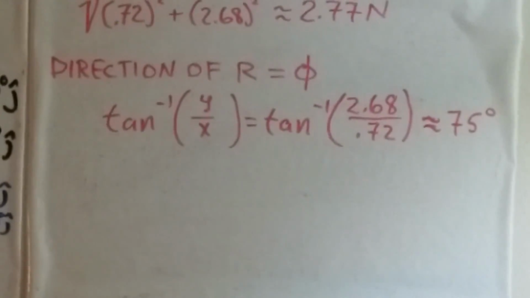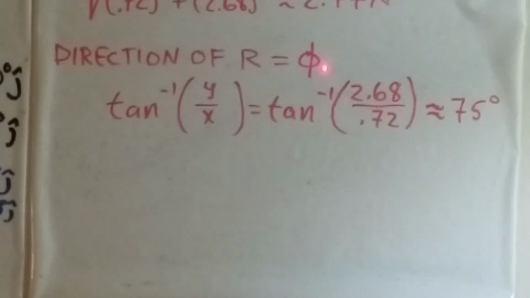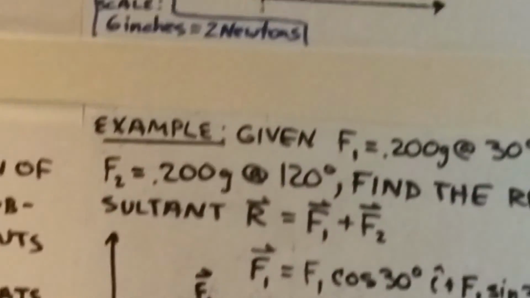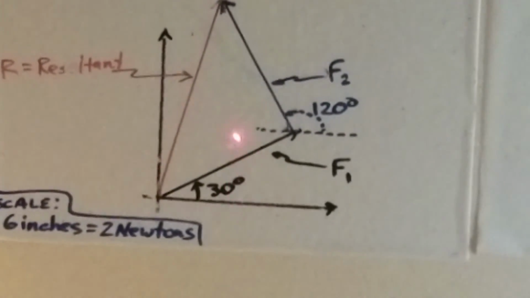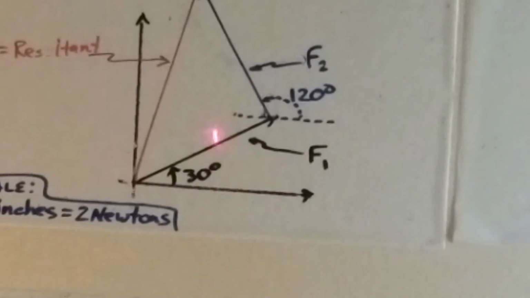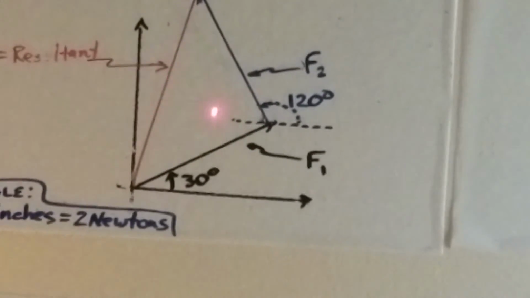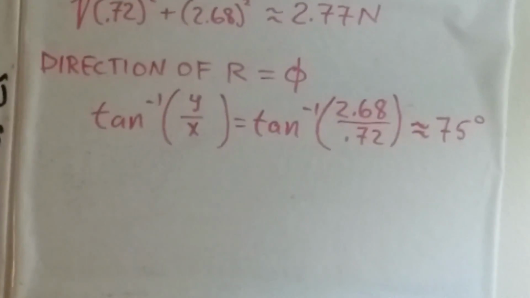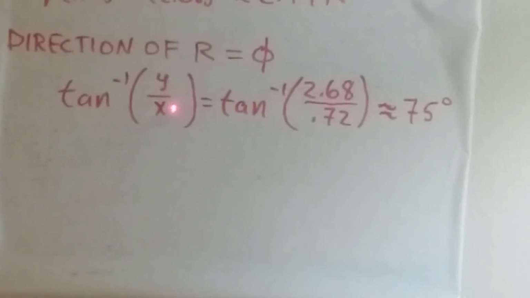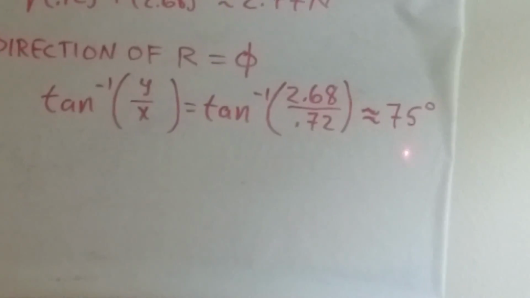And then the direction of R, we'll call it phi. I didn't draw it in this graph here, but phi corresponds to this angle off the x-axis to R. And so finally, the direction of R, we find that by using tangent inverse, and we get about 75 degrees.